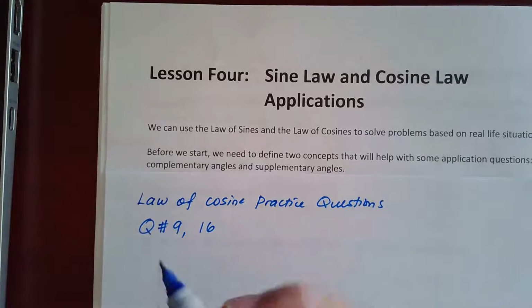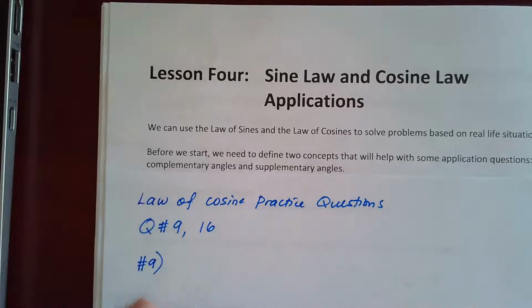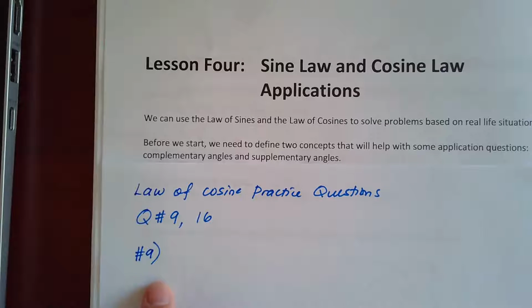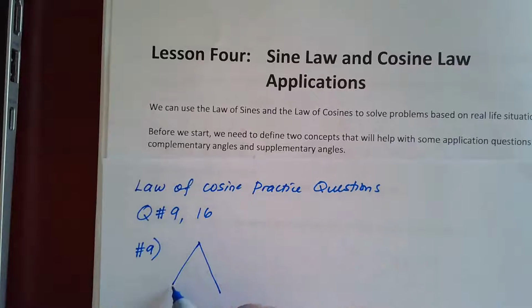Okay. So in terms of question number 9, the full solution, like I said, is on the blog right now, but I just want to discuss this. So this is what it looks like.